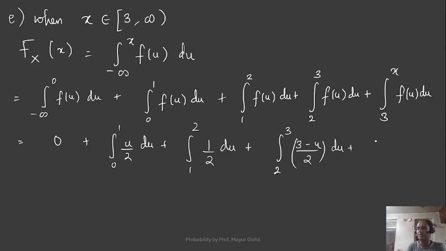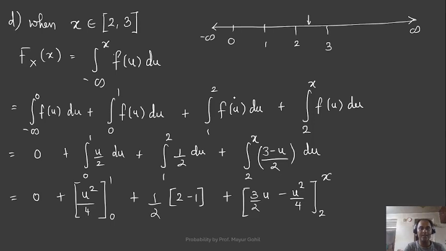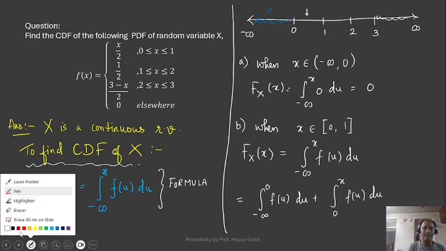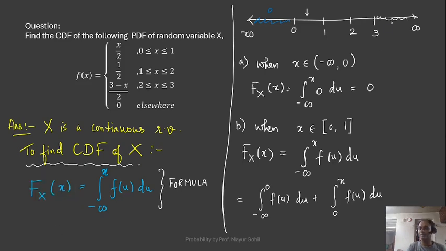And here the value of the function, even if you try to integrate, is going to give you 0. The thing is, it is in the interval 3 to infinity, and we have already written in our main question itself that it is 0 elsewhere. Beyond 3, the value of the function is 0. Here also the value of the PDF that we have is 0, in this interval it is 0.